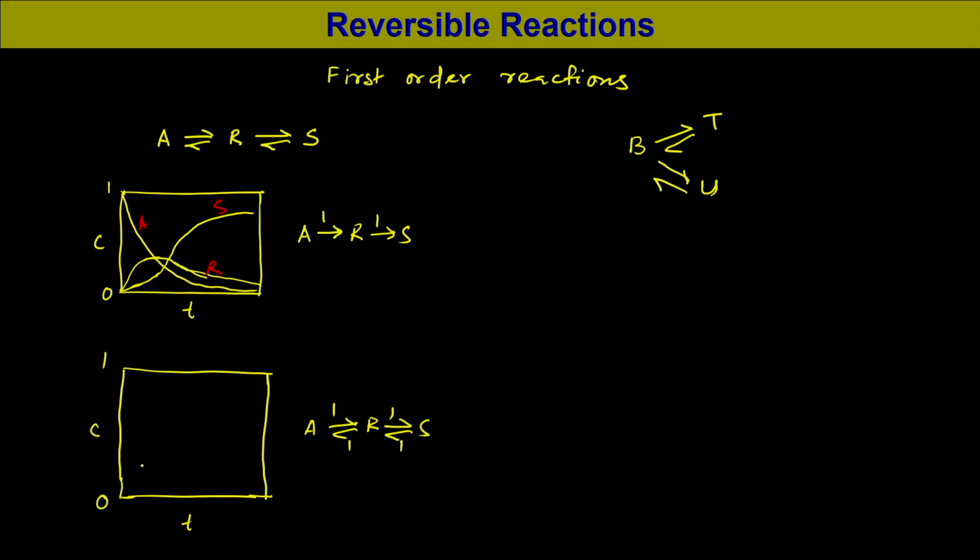The concentration of A will decrease, the concentration of R will increase, and the concentration of S is initially very low and then it will increase and will reach like this.